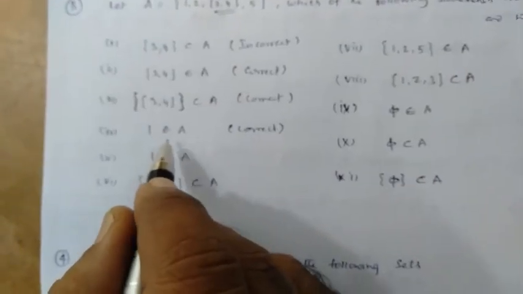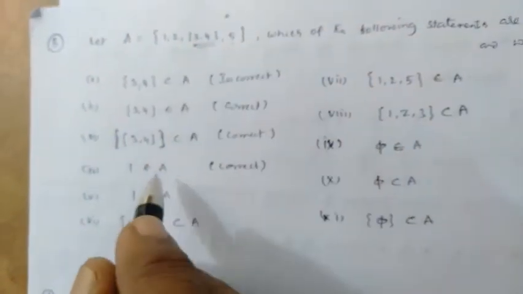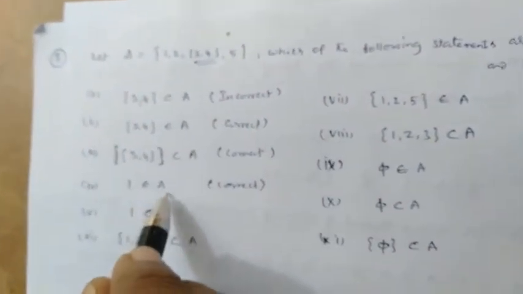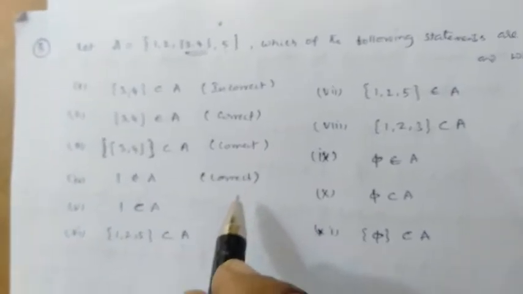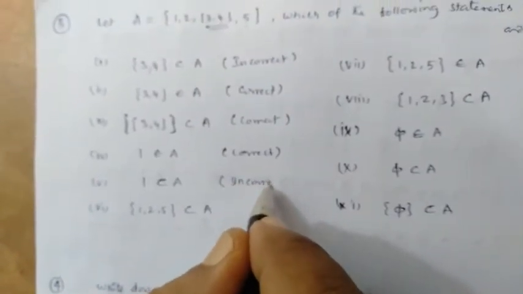Next, 1 belongs to A. Clearly 1 is an element of the main set A, so definitely this element belongs to the set A. It is a correct statement. Next, 1 contained in A is a wrong statement or incorrect statement because 1 is not a subset of A.